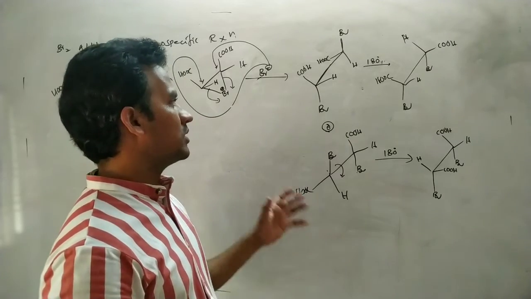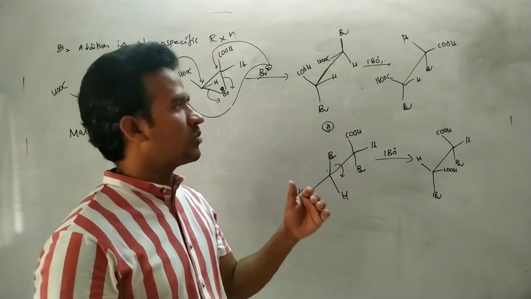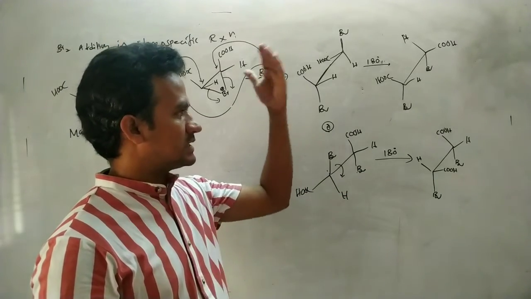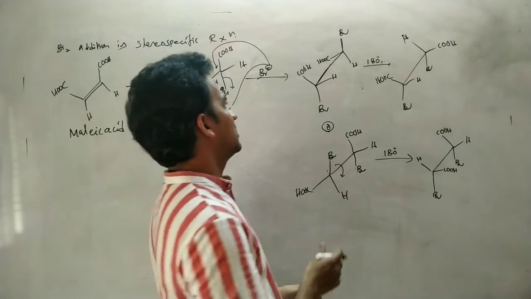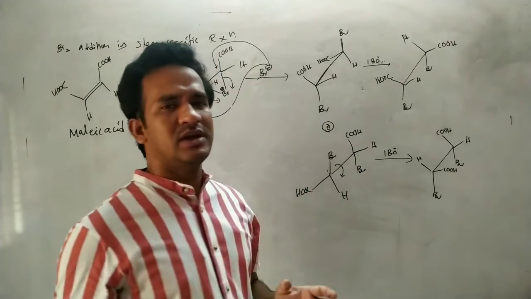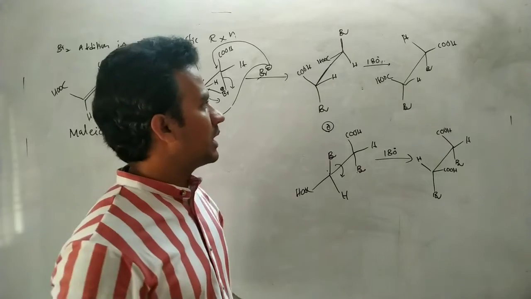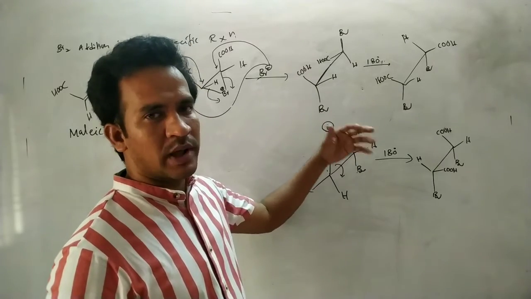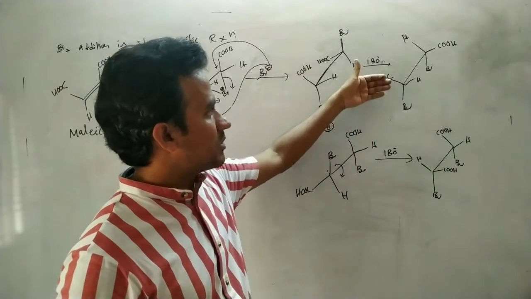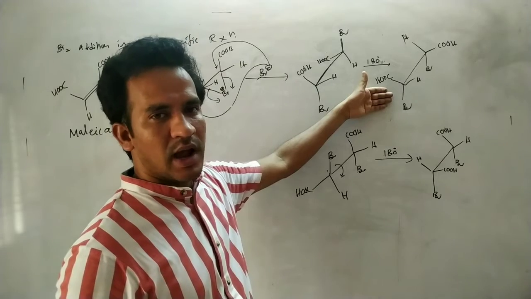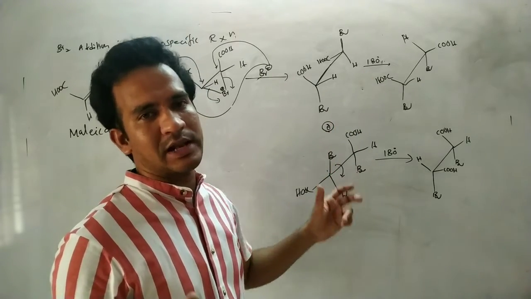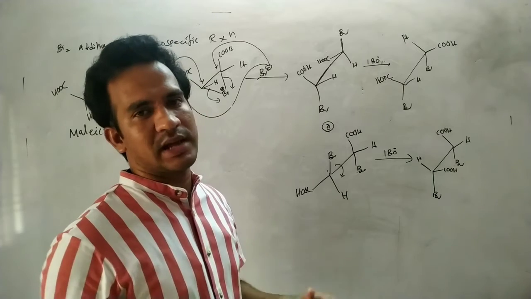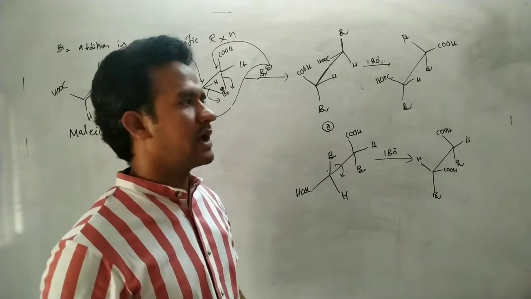Now how do we convert this Sawhorse projection formula into the Fischer projection formula? Let's see. From the standard rules, while converting a Sawhorse projection formula into a Fischer projection formula, it must be in an eclipsed conformation. It need not be fully eclipsed, maybe partially eclipsed, but it must be eclipsed.